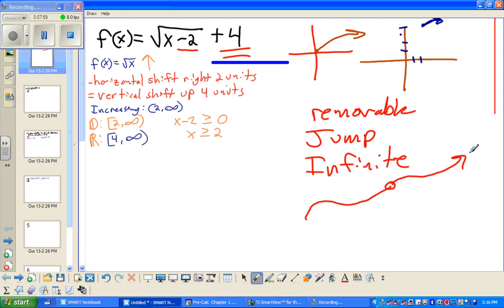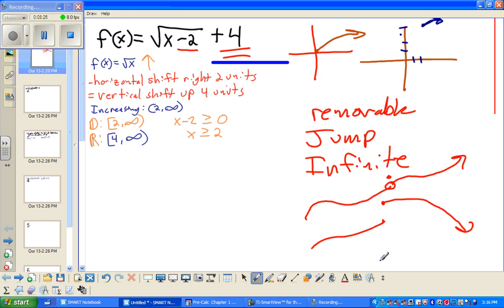It's removable if basically one point is missing from a continuous function. That point could be located above or below the missing point. That's removable. It's a jump if your function looks continuous and then you pick up the pencil and actually move vertically either down or up and continue the function from there.